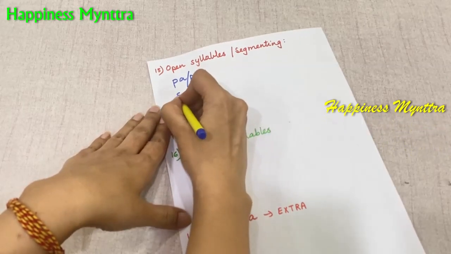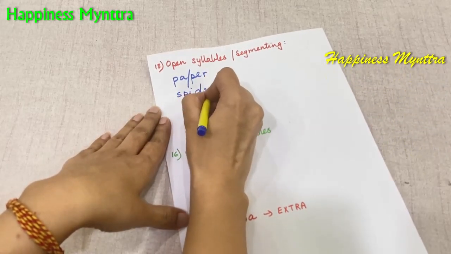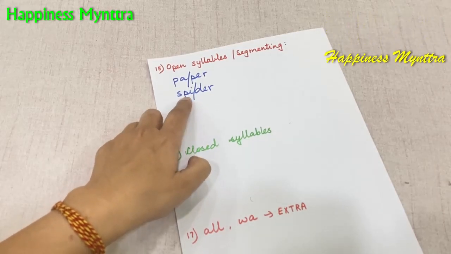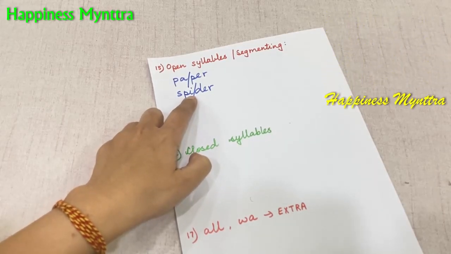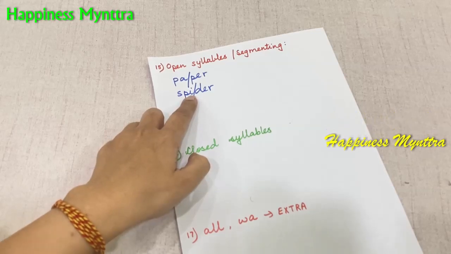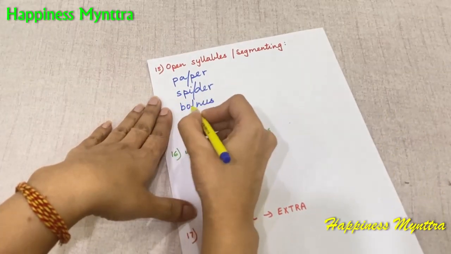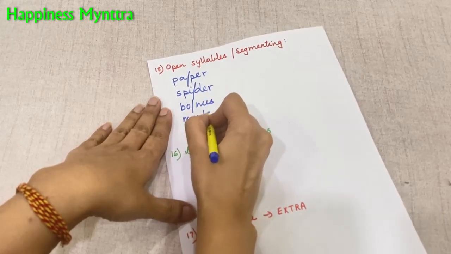Similarly, a word like spider. Same rule, since it's an open syllable, so spy, the I takes on the long sound. Words like bonus or music.